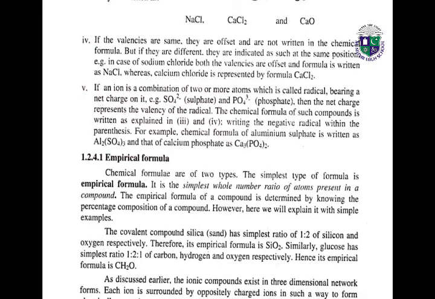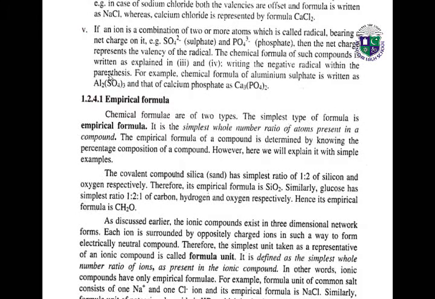Number 5: if an ion is a combination of 2 or more atoms, which is called a radical, it bears a net charge. For example, SO4 2- sulfate, PO4 3- phosphate. Then the net charge represents the valency of the radical. The chemical formula of such compounds is written as explained in parts 3 and 4 above.